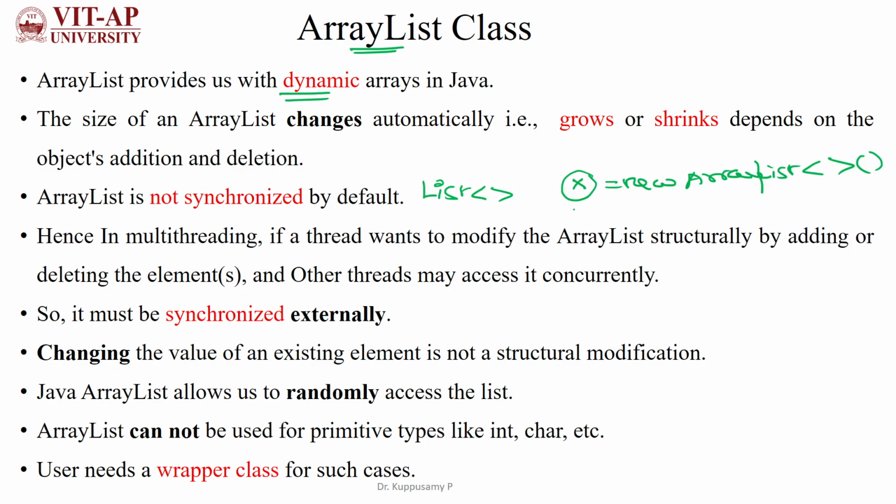So you have created the reference variable. For this reference variable you can add any number of data without mentioning the size of the array. There is no fixed size. That is what we mean by saying the size of the array is dynamic.